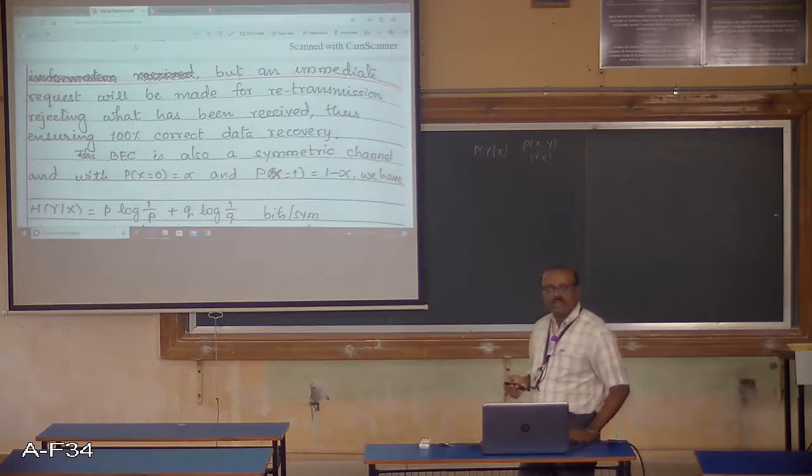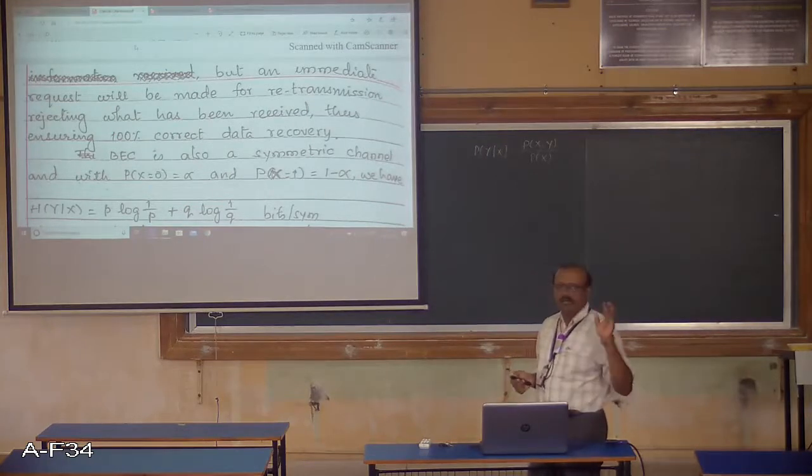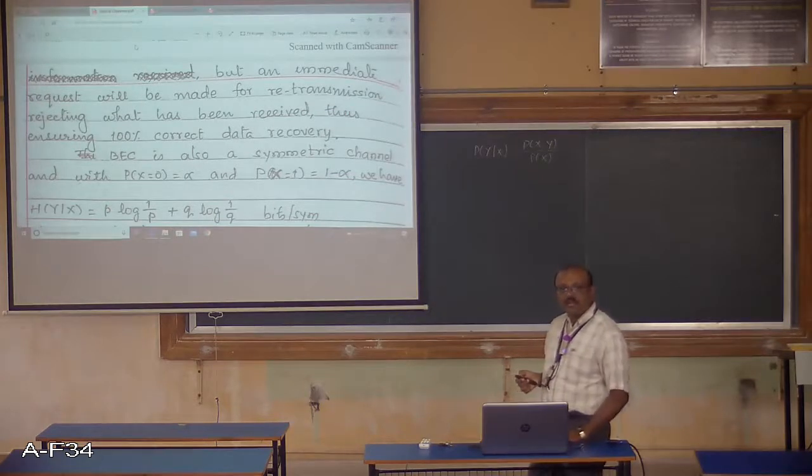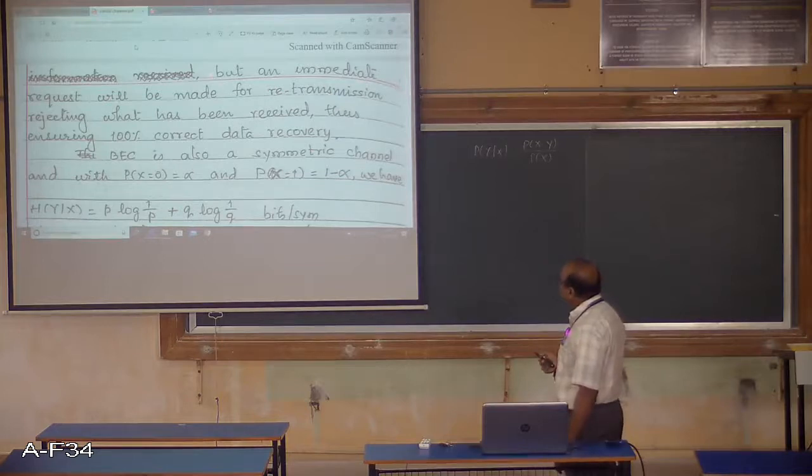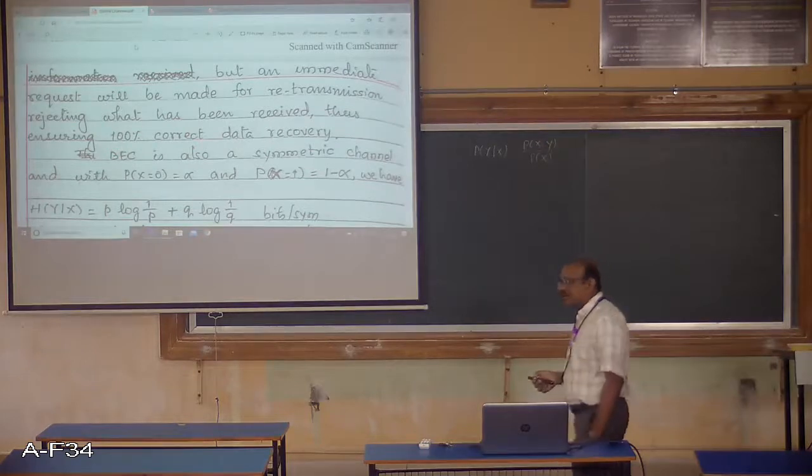The second option is that if there are any errors, we can request the transmitter to retransmit the same information until it is correctly received. So if y is received, then an attempt is made to retransmit the same information again, rejecting what was received, thus ensuring 100% correct data recovery.